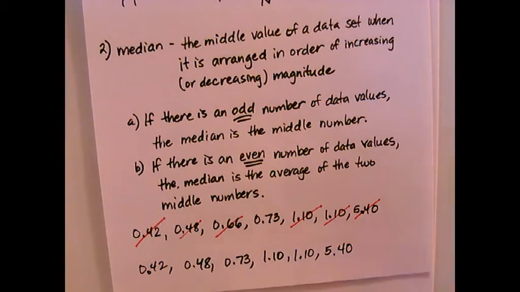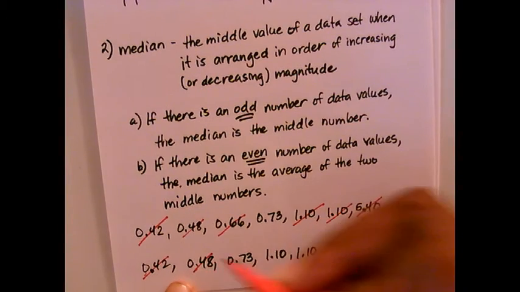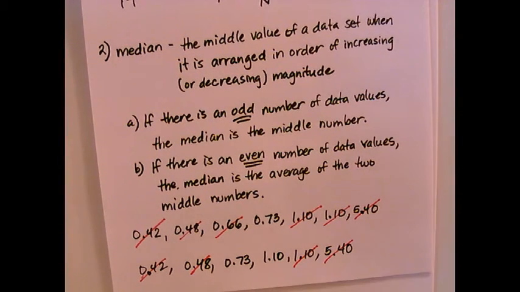So in this case, if I cross out the first and the last numbers in this set of data, you'll see that I have two middle numbers, 0.73 and 1.10. So now in this case, I will have to add these two numbers together and divide by 2.